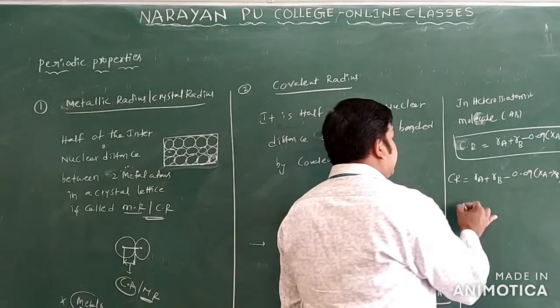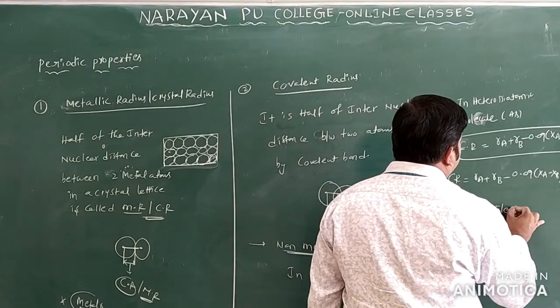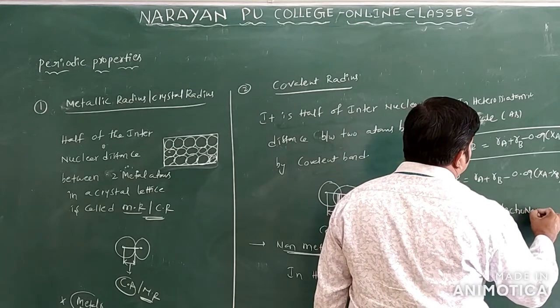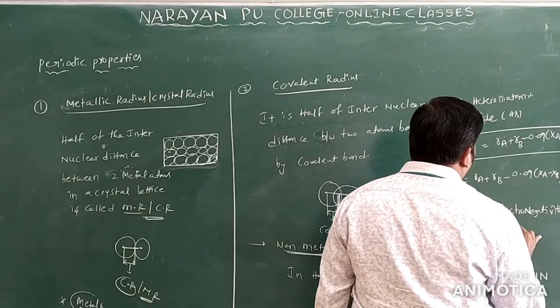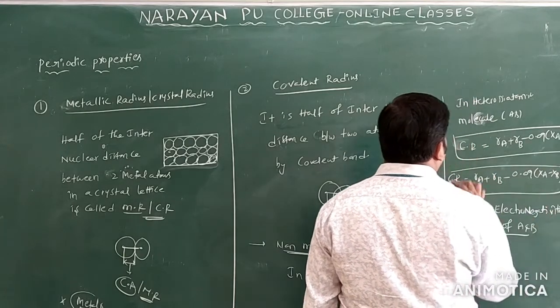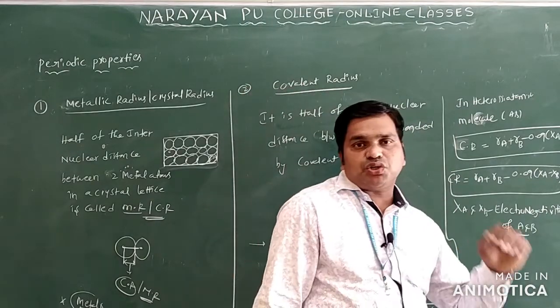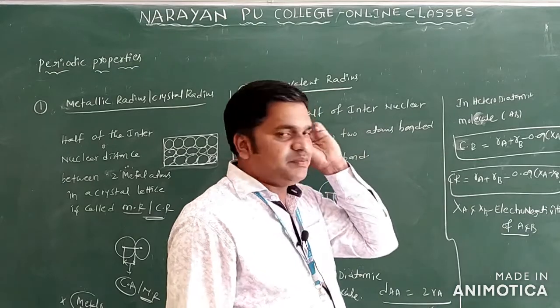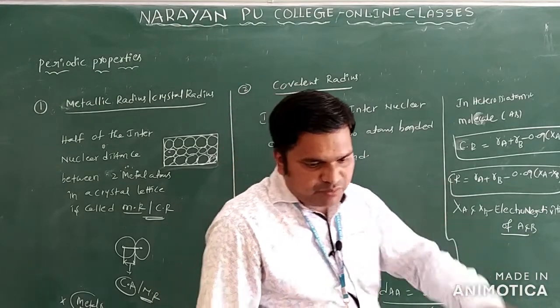XA and XB stand for the electronegativities of A and B only. Very important formula we have. In case of a heterodiatomic molecule, the covalent radius is RA plus RB minus 0.09 into XA minus XB. Clear?